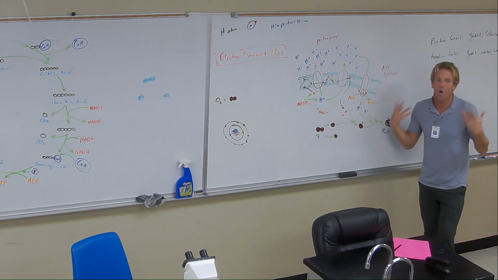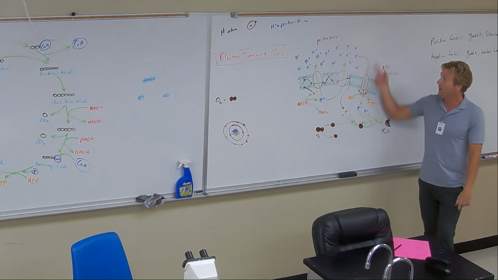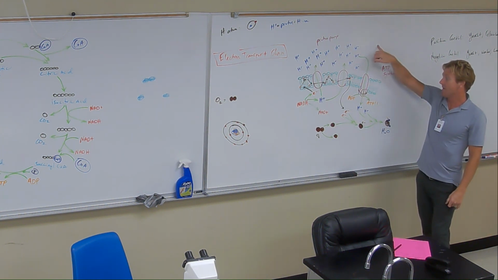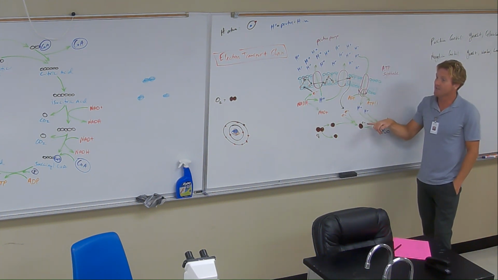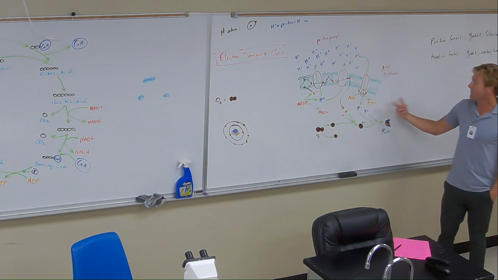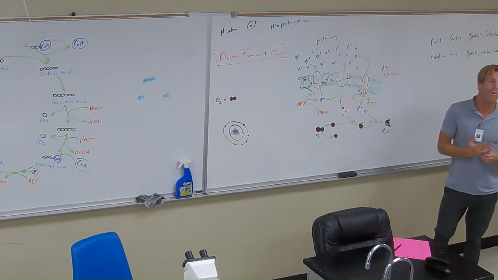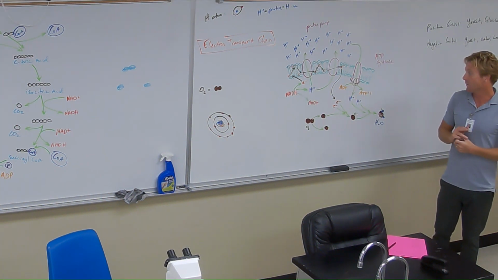And that is the overall value of the electron transport chain. Every time a proton diffuses from here to there across this inner cell membrane, it is allowing ATP synthase to produce a molecule of ATP. It does this over and over and over to produce a whole bunch of ATP for each molecule of glucose.